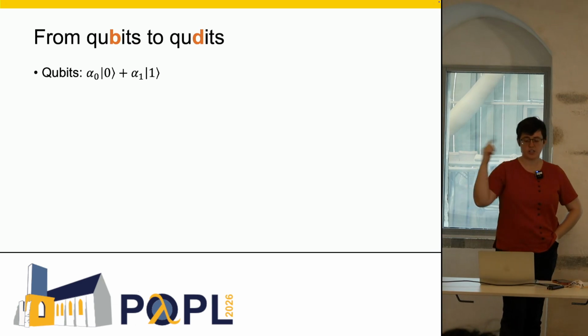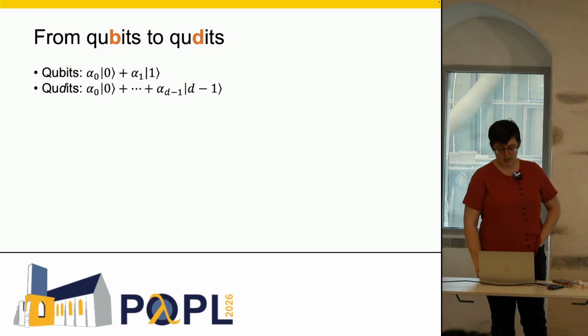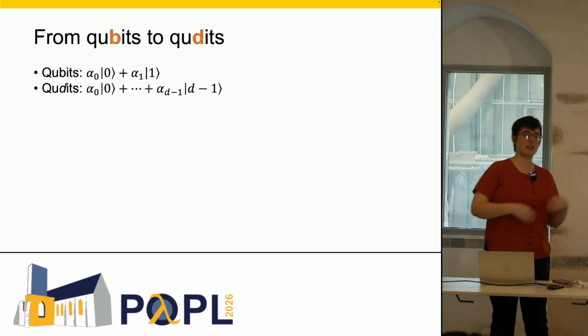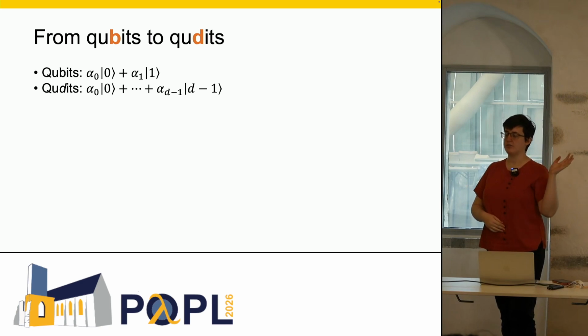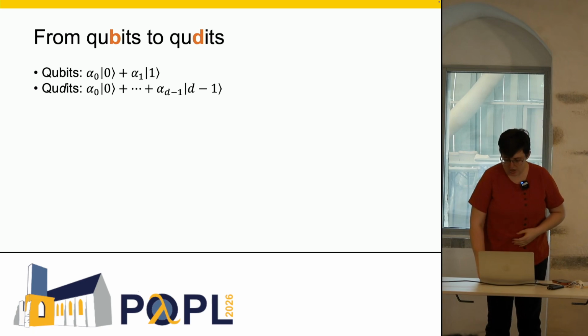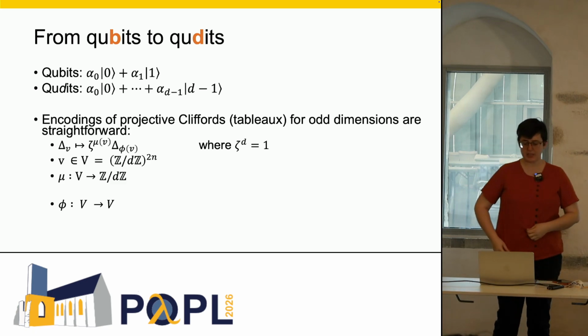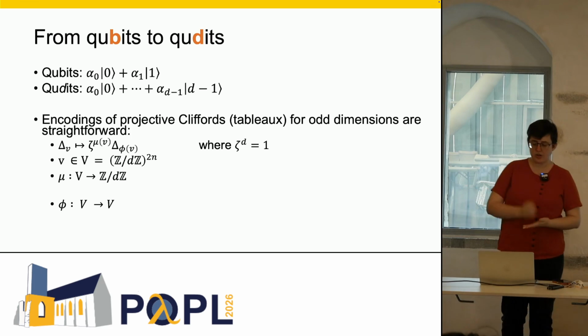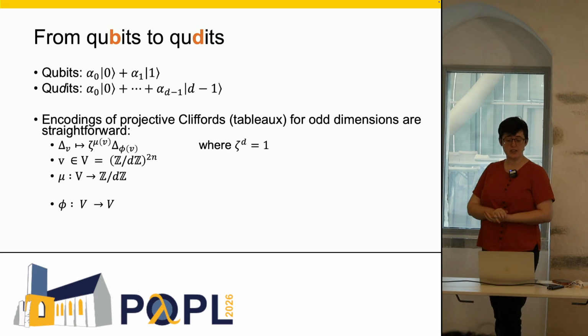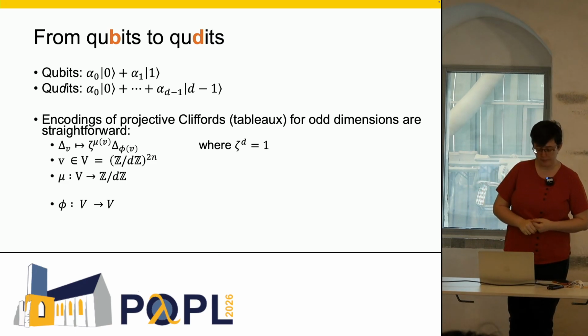So qubits are a superposition of 0 and 1. Qudits are a superposition of 0 through d minus 1, just like classical dits are 0 through d minus 1. Okay. So the reason why this is relevant is because it turns out that encodings of projective Cliffords for odd dimensions is relatively straightforward.